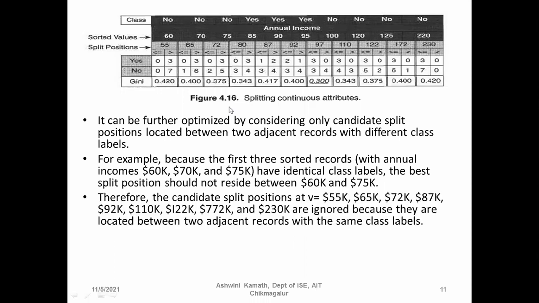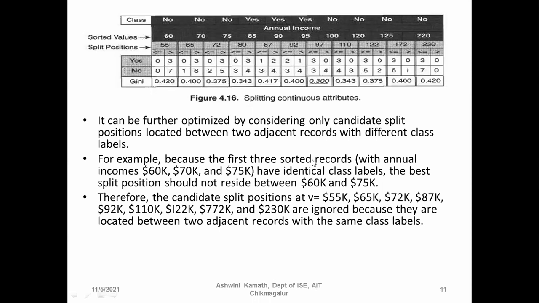Therefore, the candidate split positions are at B equal to 55K, 65K, 72K, and 87K. You can also notice 1 plus 2 is equal to 3, 3 plus 4 is equal to 7. Again for 92, 2 plus 1 is equal to 3, 3 plus 4 is equal to 7. Then here the value changes.